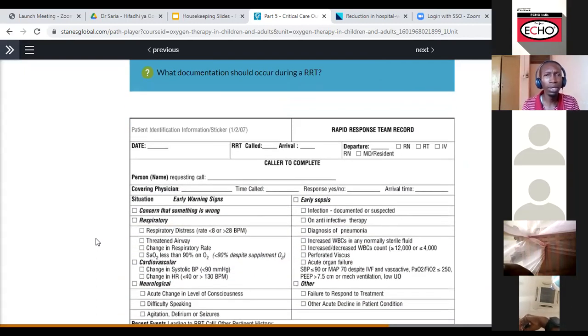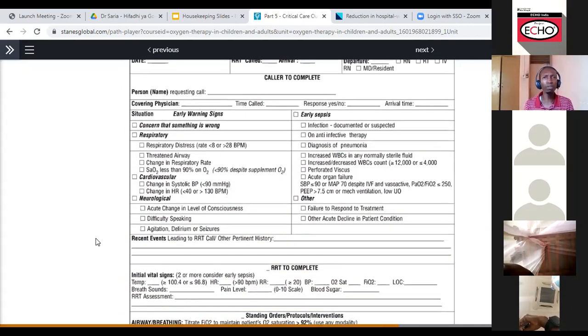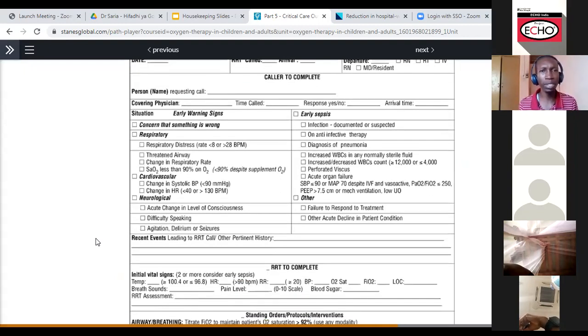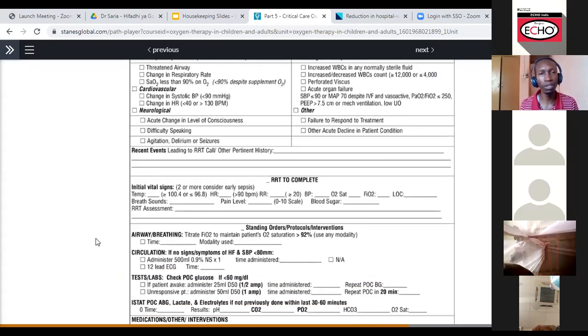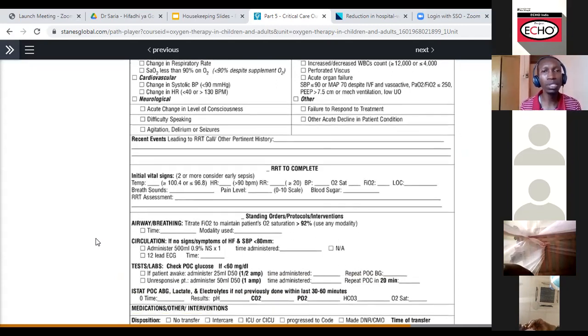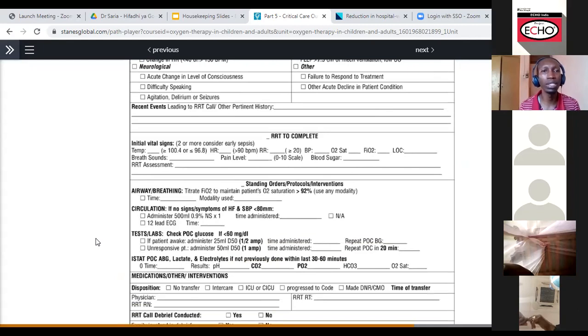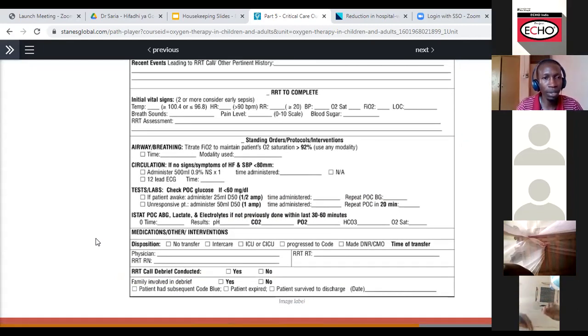Can we go up? So it's a form, which if you look at it, at the end of the day, has different parts, basically covering the prior history, the physical assessment that you do, different parameters in different organ systems, and the response from the patient to all those things that you have done, the interventions that you could have done, and the status of the airway, the ABC, circulation, and breathing, is given in there.